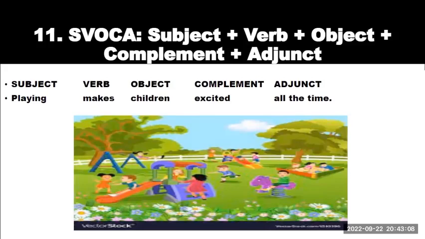And then all the time is the adjunct. And this is what an adjunct does. As I earlier mentioned, an adjunct is an adverbial, and in this case, an adverbial phrase, all the time. It provides an answer to the question, how often? When you say playing makes children excited, how often does playing make children excited?